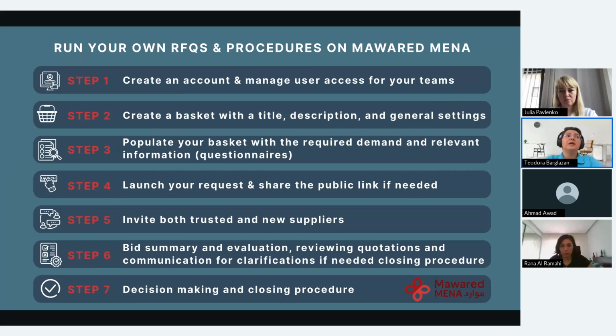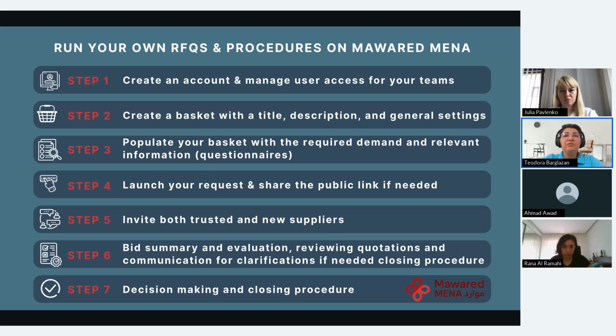Step three is about accurately defining the requirements so that you make sure you get accurate bids from suppliers. Step four is about properly and efficiently defining your procedure, and also expanding your supplier reach by sharing this with additional supplier networks.